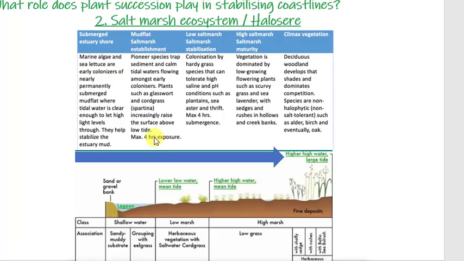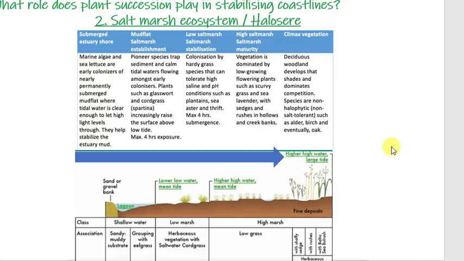They change the conditions, and then you get more different grass species which can grow as you move inland. Eventually, again, your natural climax vegetation would be a woodland. So really specialised plants on the banks of the estuary that are submerged most of the time, like algae, change the conditions gradually, and different species can then grow as you come inland.